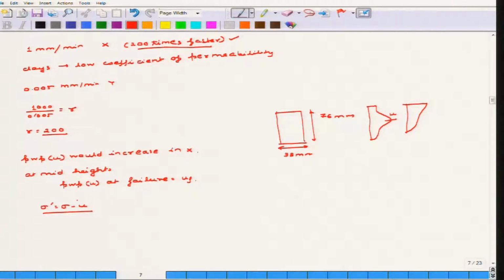So the total stress, even though it may be higher, the effective stress is reduced. All of this is considered considering that the sample is normally consolidated. NC, OC is just a special case, so that is why we are considering only a normally consolidated sample. So sigma dash is equal to sigma minus u.